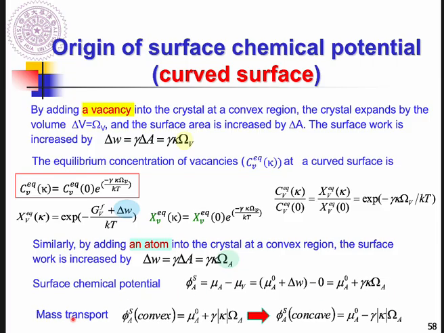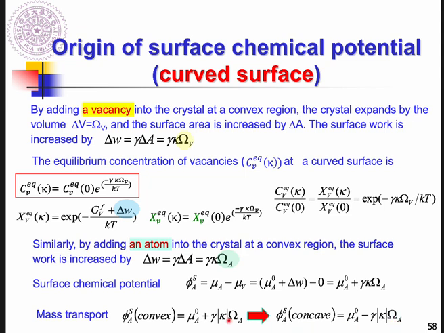And as we mentioned, in the convex region kappa is positive, and for the concave region kappa can be considered negative, so you have a higher surface potential at the convex region compared to the concave region.